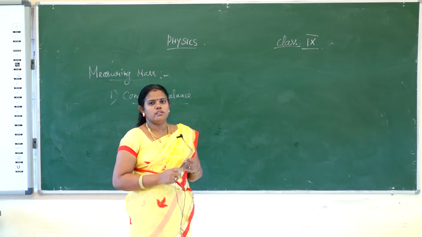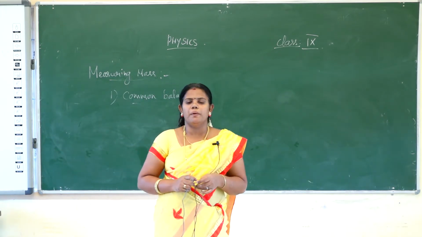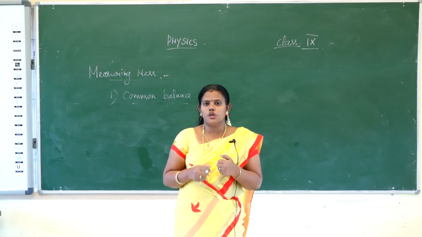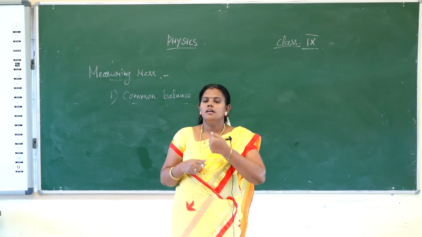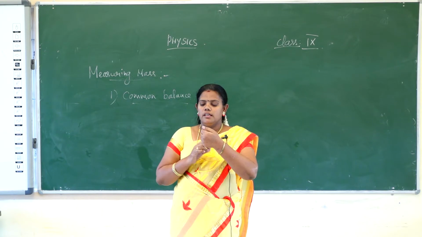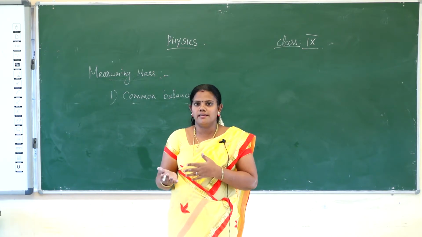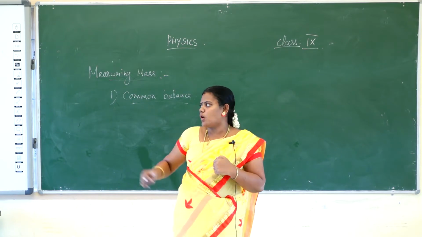Have you gone to a grocery shop to buy 1 kg of sugar or anything? The shopkeeper carries a balance used to measure 1 kilogram of sugar or rice or anything. That balance is called a common balance.